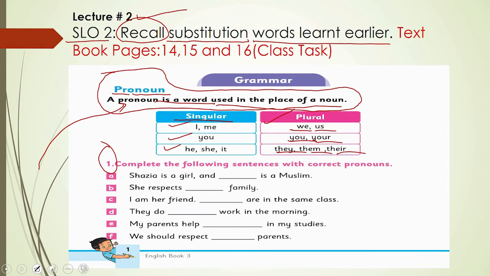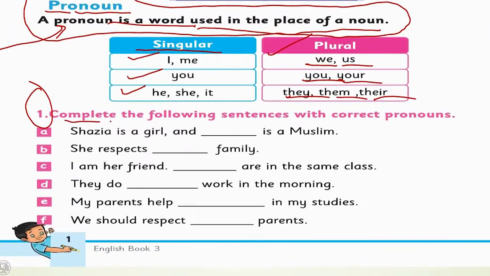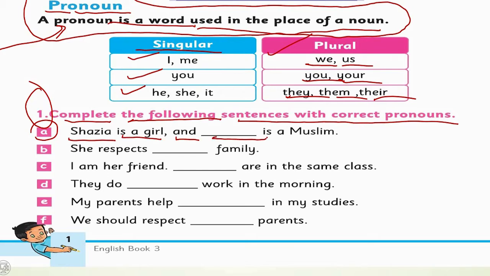Let's practice that on question number 1. Complete the following sentences with correct pronouns. A. Shazia is a girl and dash is a Muslim. Shazia is a girl and she is a Muslim.